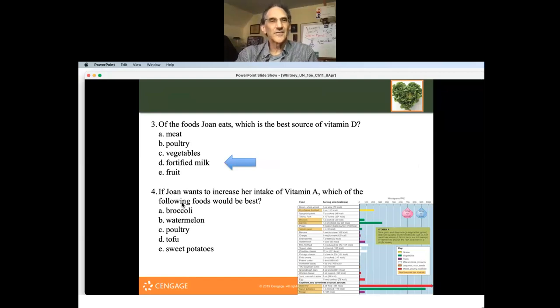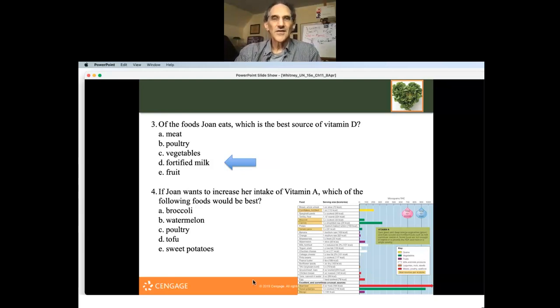It's fortified. That means it's added to increase the nutrient density of that food item. If vitamin D were present and we were just bumping up the concentration, that would be enriching the milk. But this is fortifying it with vitamin D.